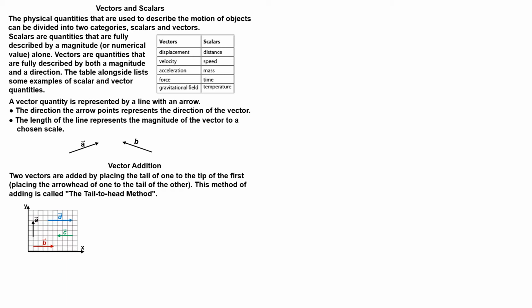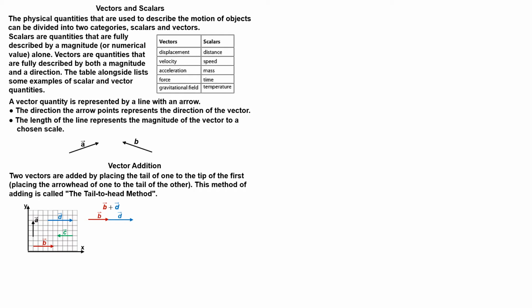Let us consider three examples of vector addition. Let's add the vectors b and d. Draw a line to represent the first vector, vector b in this case. Draw a line to represent the vector d, starting at the end of the vector b.